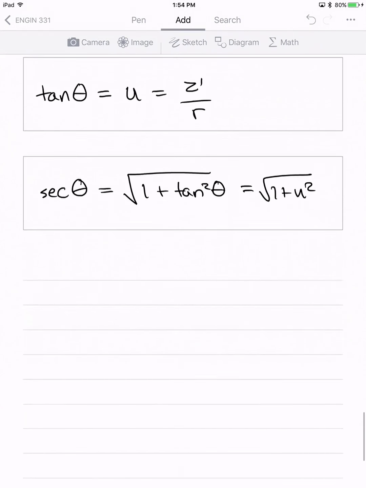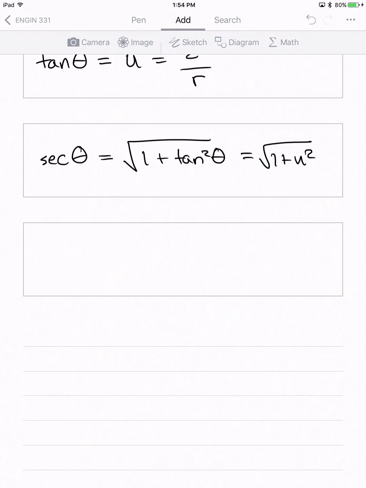So then that result, ln of v, becomes ln of u plus the square root of 1 plus u squared. That u was tangent theta and the square root of 1 plus u squared is the secant theta.